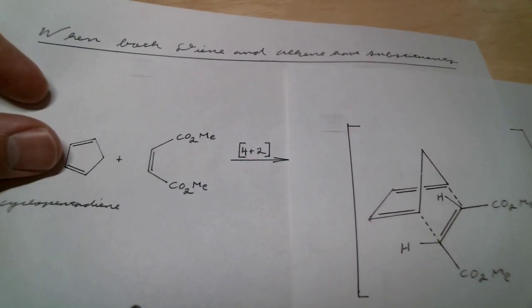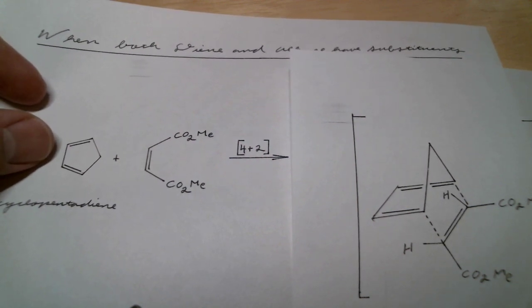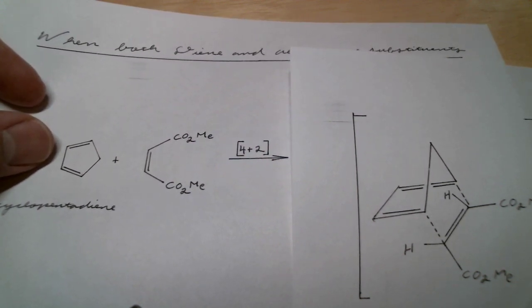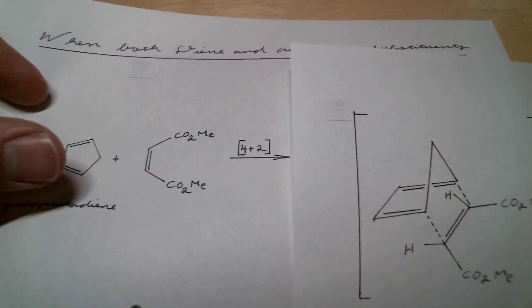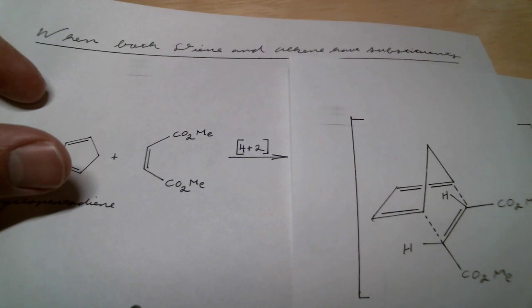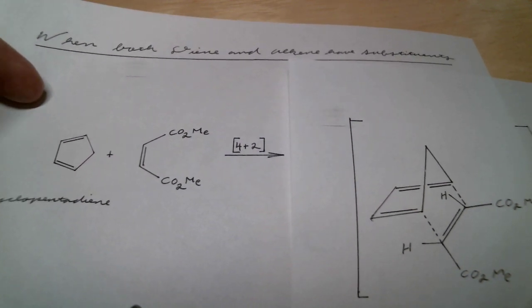This particular diene has a conjugated pair of alkenes, except they're in a 5-membered ring, and it looks like we're using this cis-dimethyl maleate, and we're doing the 4+2 addition.